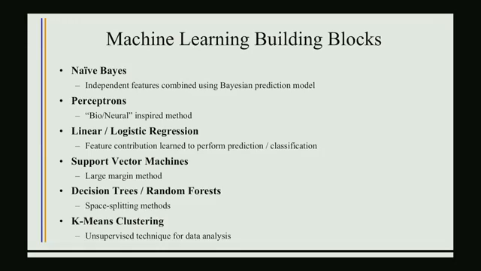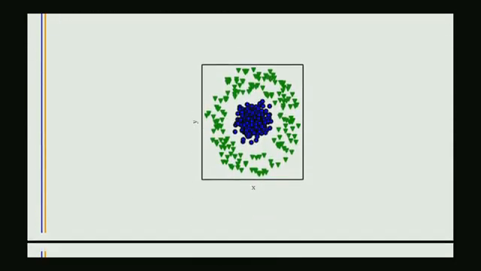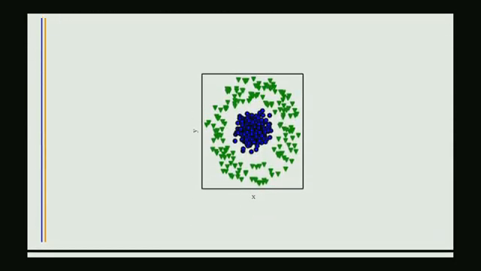The ideas center around the following concept. Okay, let's say we're trying to build an algorithm, right? Some code that's going to tell us the blue circles from the green triangles.